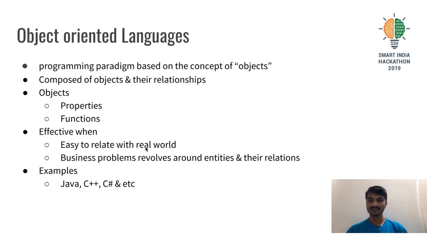The whole language is composed of objects and their relationships. So what is an object? An object is an entity which we see in the real world. For example, whatever nouns we see are objects. For example, human. Human is a class which has common properties and functionalities.